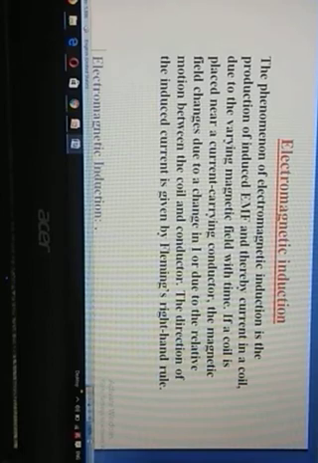If a coil is placed near a current carrying conductor, the magnetic field changes due to the change in current or due to relative motion between the coil and conductor. The direction of this induced current is given by Fleming's right-hand rule.